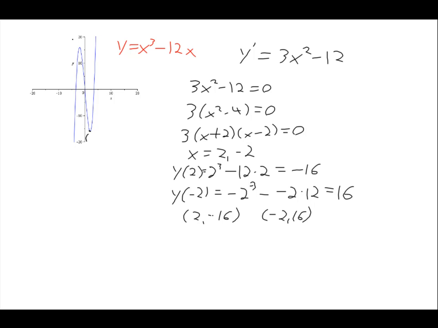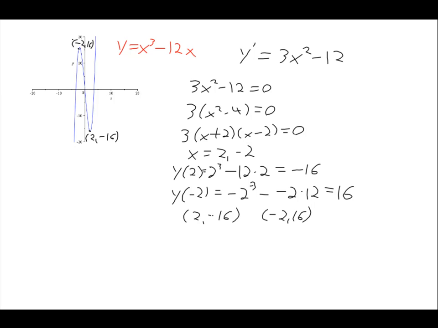This lower one is obviously 2, negative 16. This upper point is negative 2, positive 16. So if you just have an unending interval from negative infinity to positive infinity, you're told to find extremas.